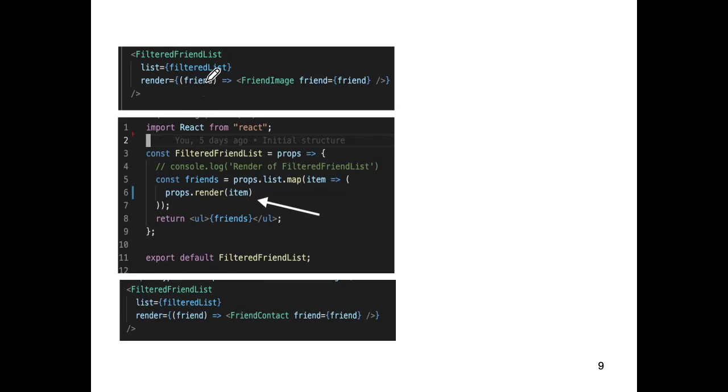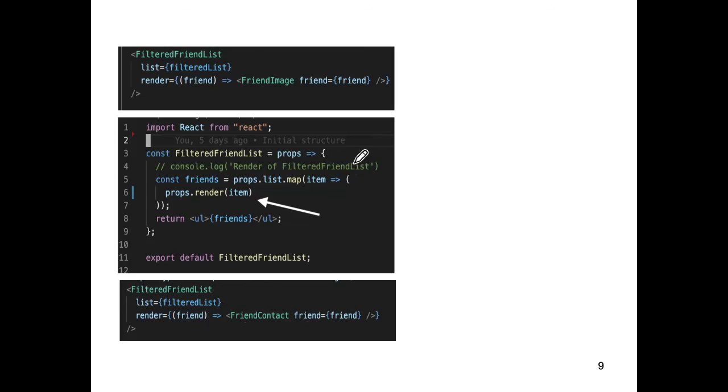So I've got two invocations of filtered friends list. I'm using the exact same filtered friends implementation in both cases, but because I'm passing a render prop into this component, the array of friends that it generates through the mapping here is going to be different in the two cases. In one case, this is going to be an array of components of this type. And in the case down here, it's going to be an array of components of this type.